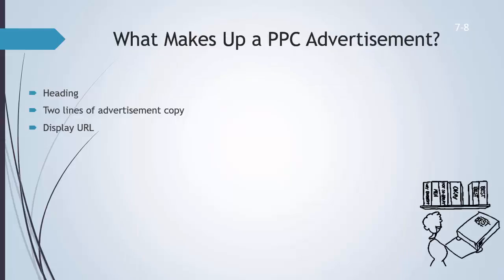The next thing to talk about is what makes up a pay-per-click advertisement. So there should be a heading, there should be 2 lines of advertisement, and then a display URL. If you go to your book and look, they've written some guidelines for Google AdWords. The amount of content in each one of these areas may be different depending on the search engine that you're using. According to Google, for a heading, you can only have about 25 characters.